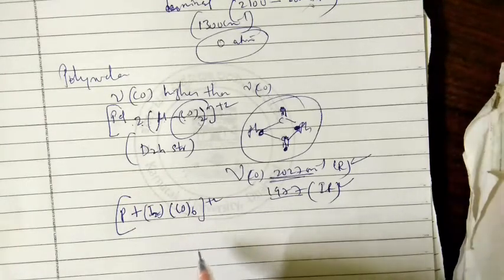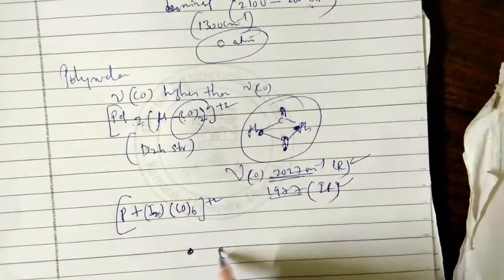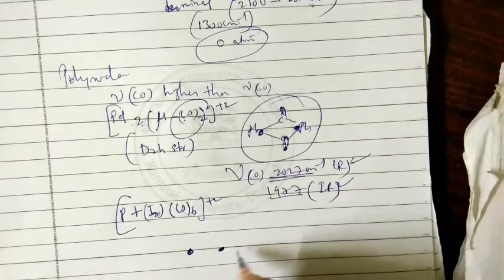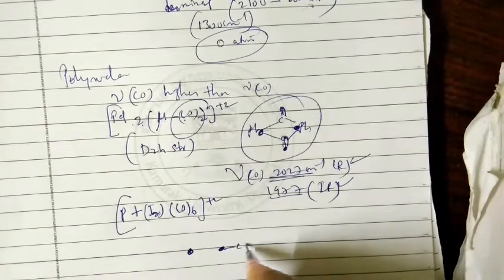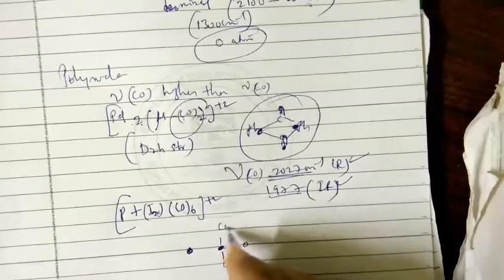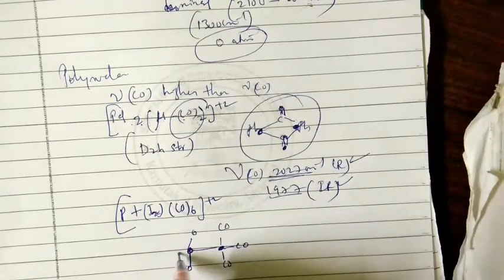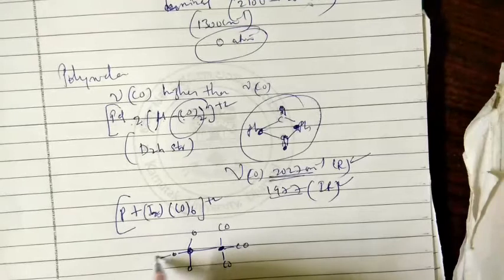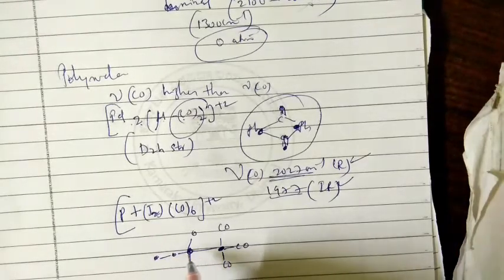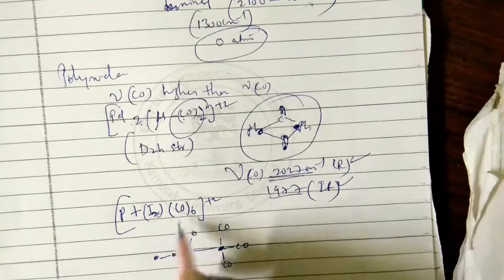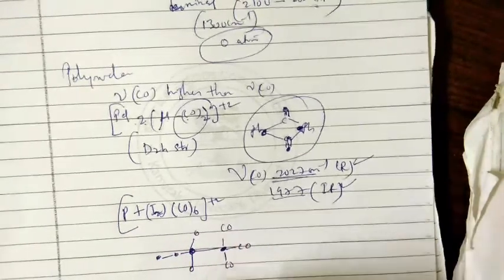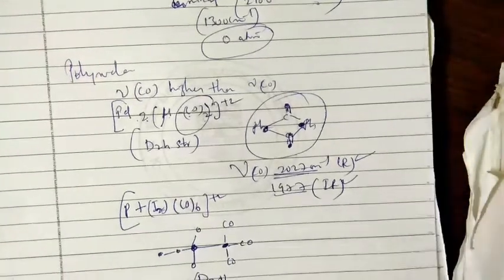If you take platinum here, then 1 carbonyl, 2, 3 carbonyl, 4, 5, and I2, like this. If you see this structure, platinum 2 I2 CO6, it comes under the D2D point group.